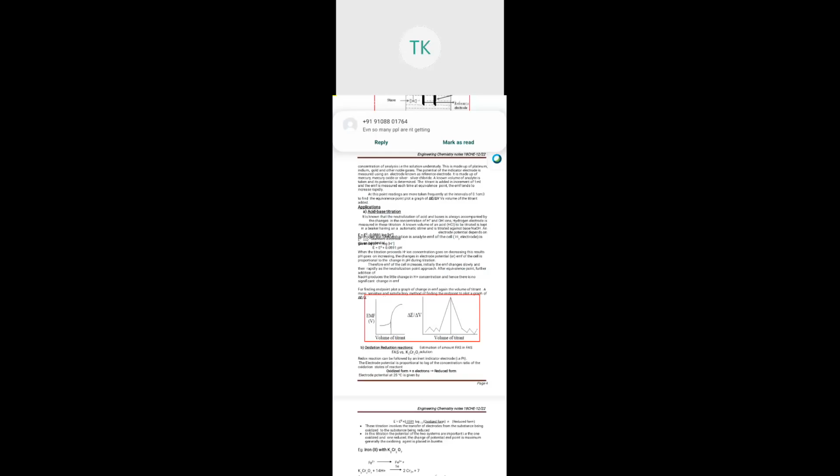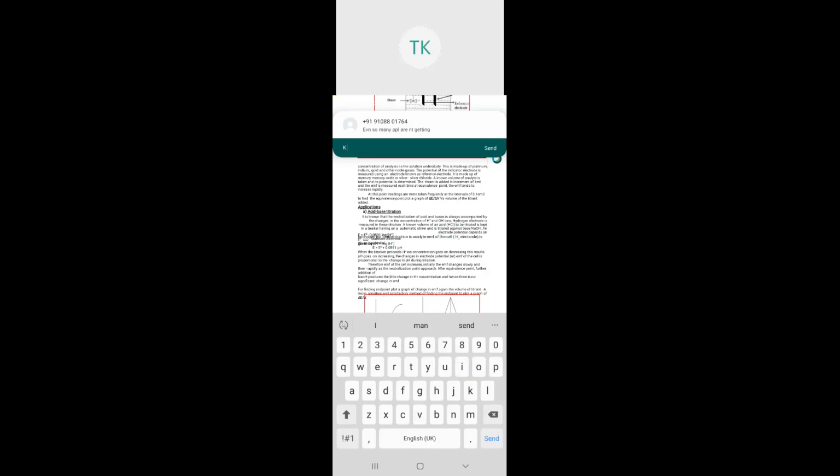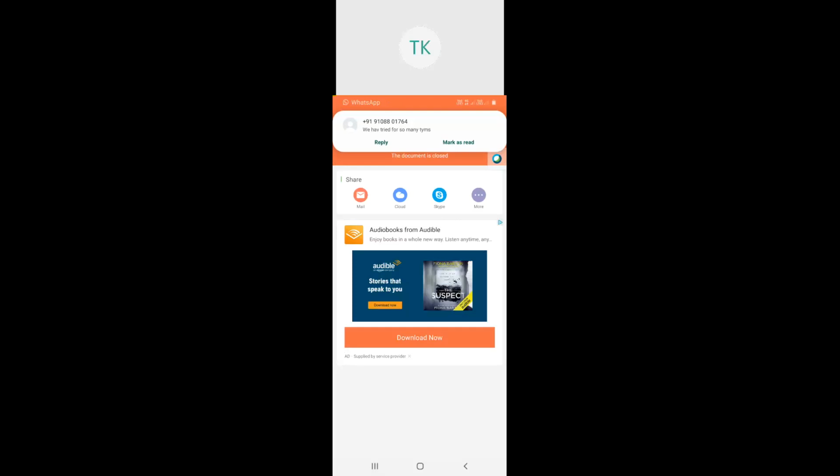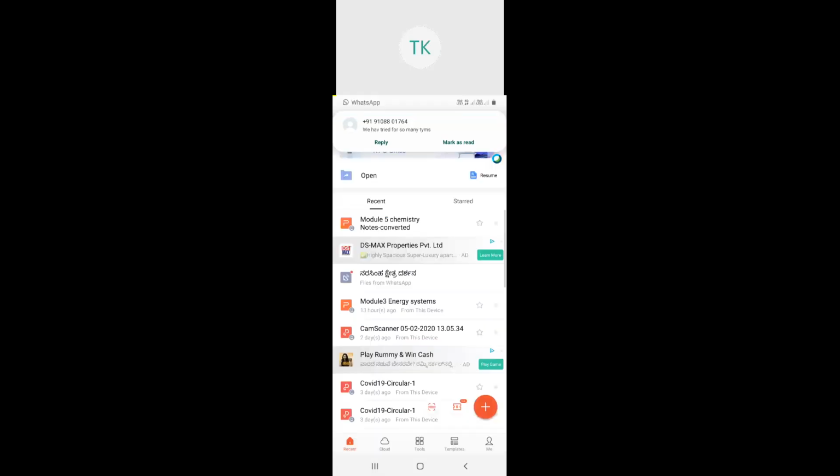I think so many students are not getting net, it seems. Again, I will log out and log in. Once again, please wait. Some students are messaging, ma'am, we are unable to connect.